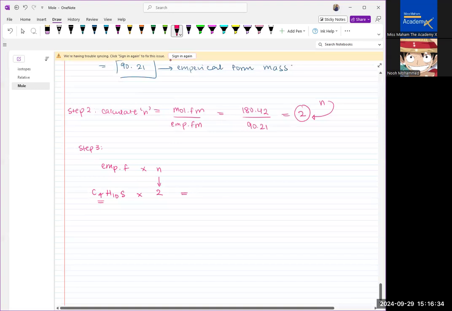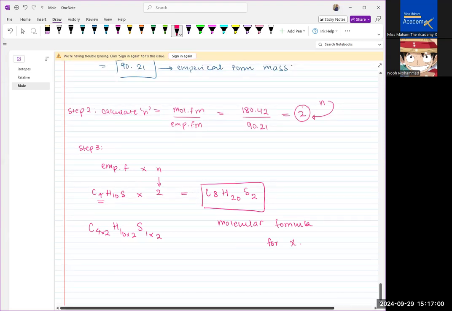So this is C4 into 2, H10 into 2, S1 into 2. So it's C8, H20, and S2. This is your molecular formula for X. ठीक है? Got it?